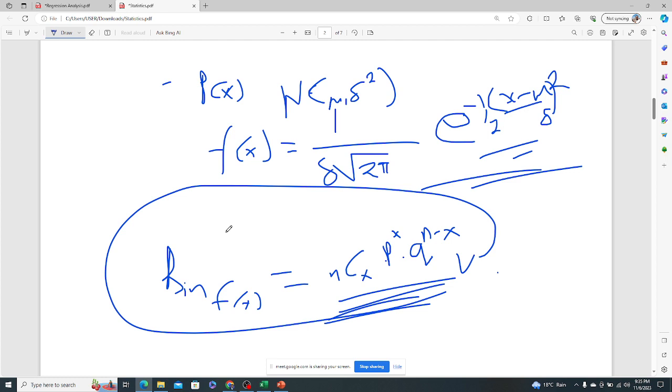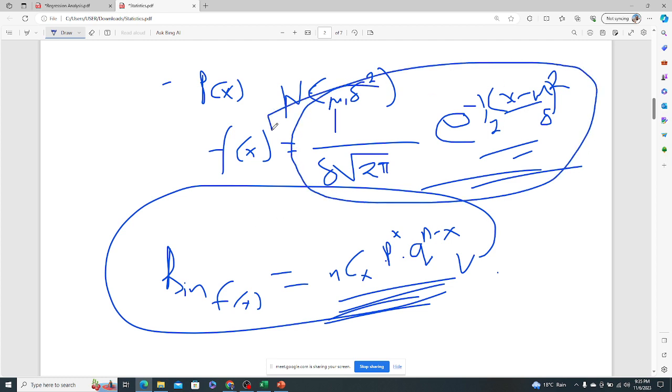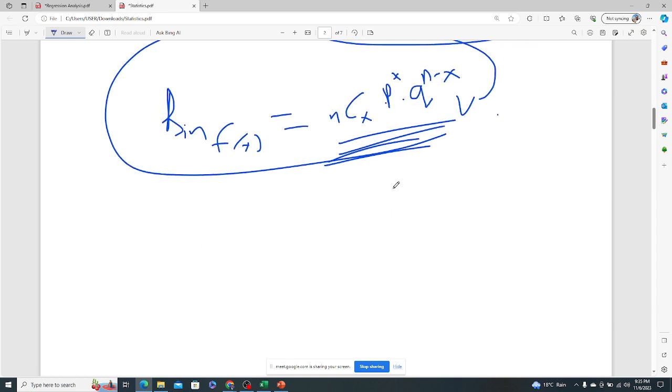When we do the practicals, we'll break all this down into segments to calculate the probabilities mathematically, and then we'll also use Excel functions to calculate the same.